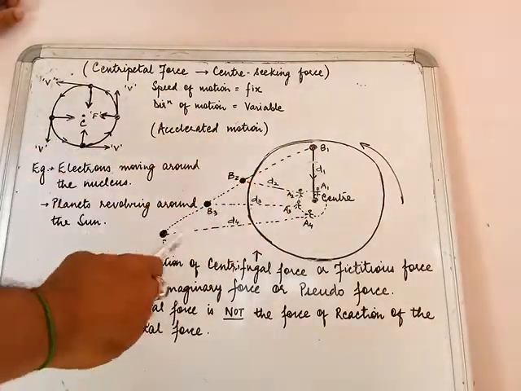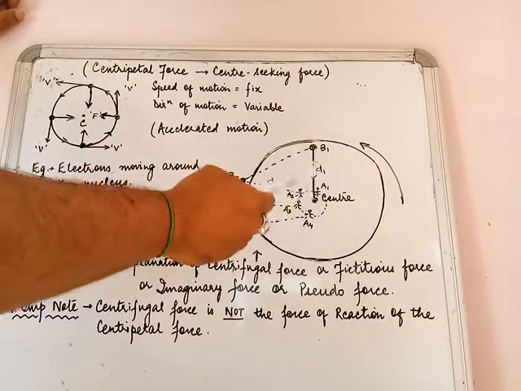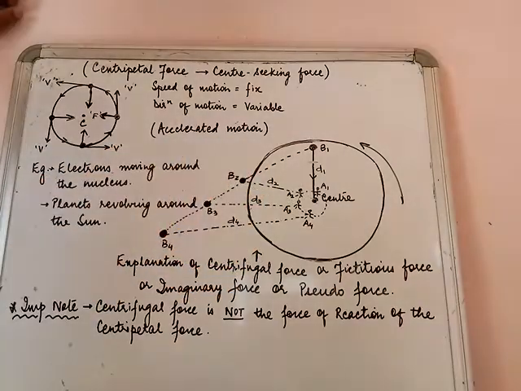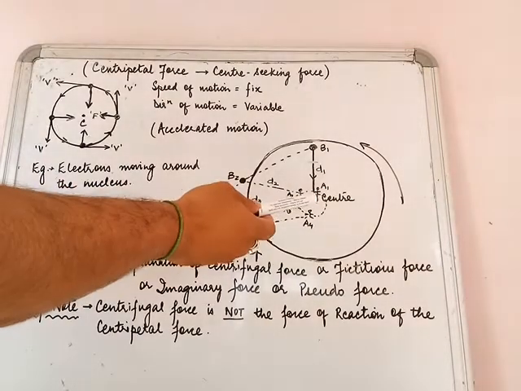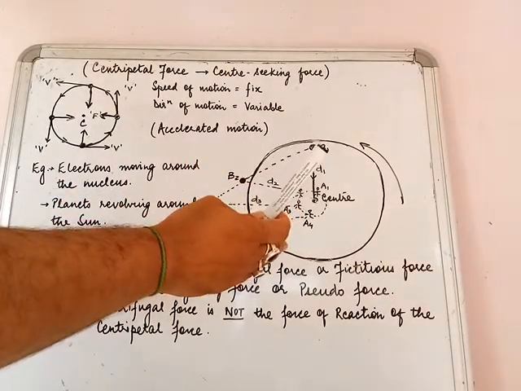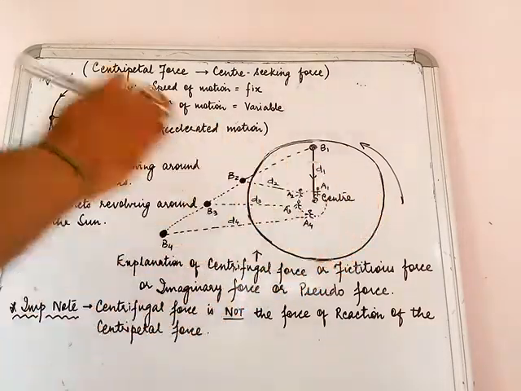So the force which is assumed by this observer moving with the body to act on the body is in a direction away from the center of the path. So you see, this is the center. So the centrifugal force is directed away from the center.